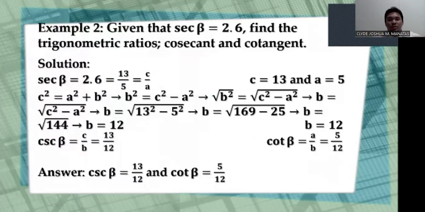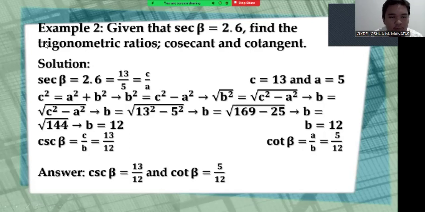So to solve this, secant beta is equal to 2.6. You have to turn this decimal into a fraction to know the hypotenuse and the adjacent.